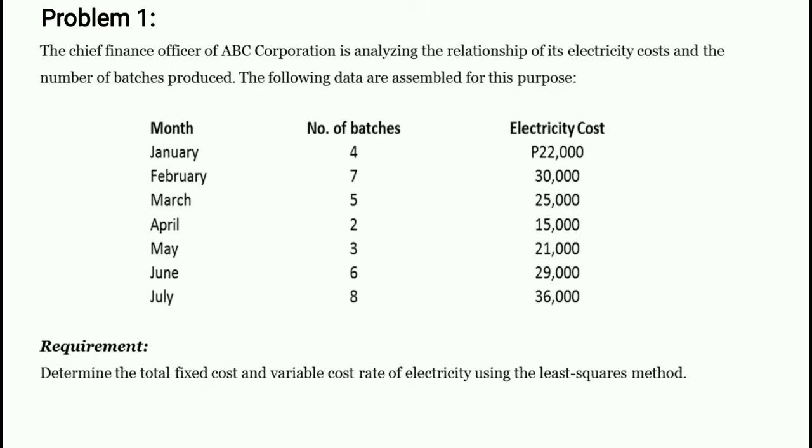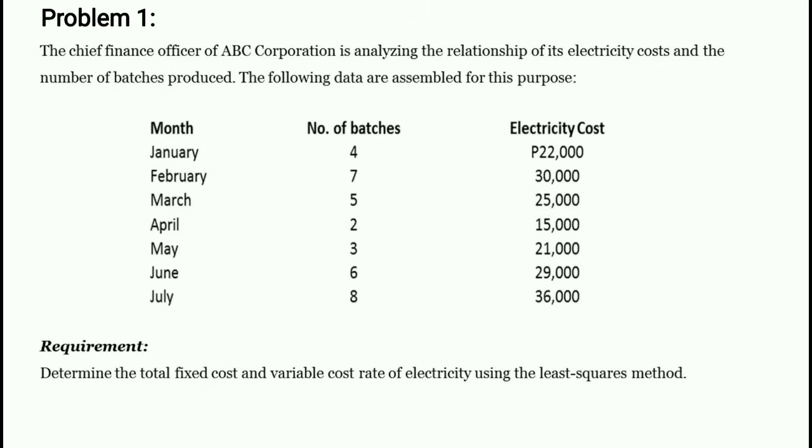For the month of January, the number of batches is 4, and the electricity cost is 22,000 pesos. For the month of February, the number of batches is 7, and the electricity cost is 30,000 pesos. For the month of March, the number of batches is 5, and the electricity cost is 25,000 pesos.